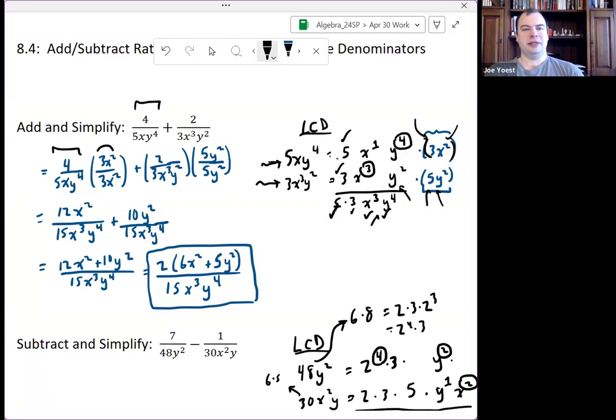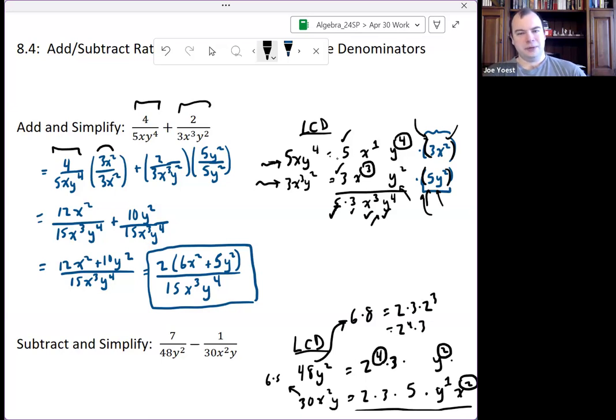We need to multiply by that same thing in the numerator. Similarly, for the second rational expression, 2 over 3x cubed y squared, I've already worked out that I need to multiply that by 5y squared to make the LCD. And again, I do that on the top and bottom so I don't change the value of the fraction.